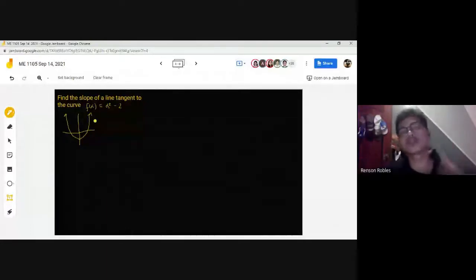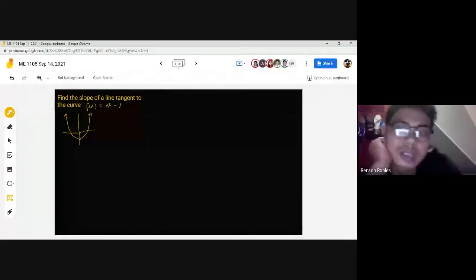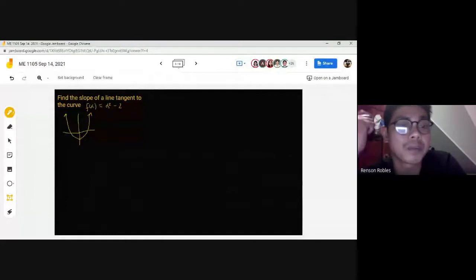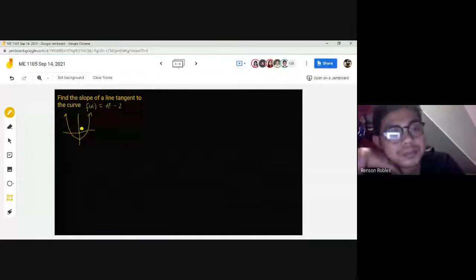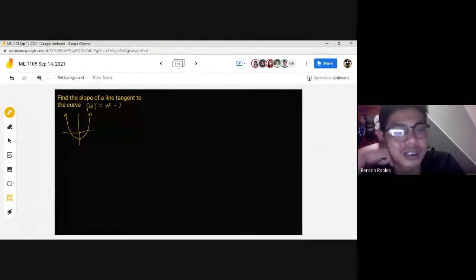Question: how many lines are tangent to that curve? How many tangent lines can you draw out of this curve? 1, 2, 3.